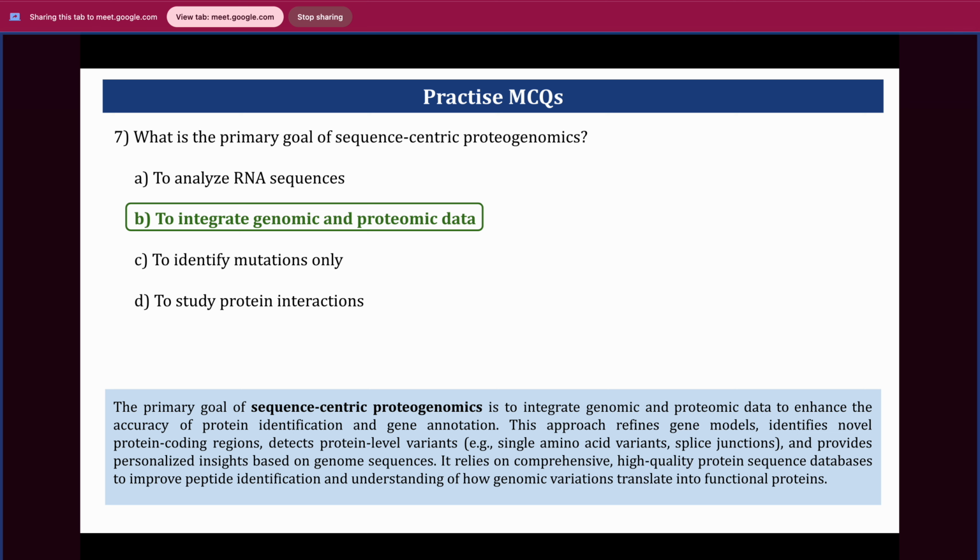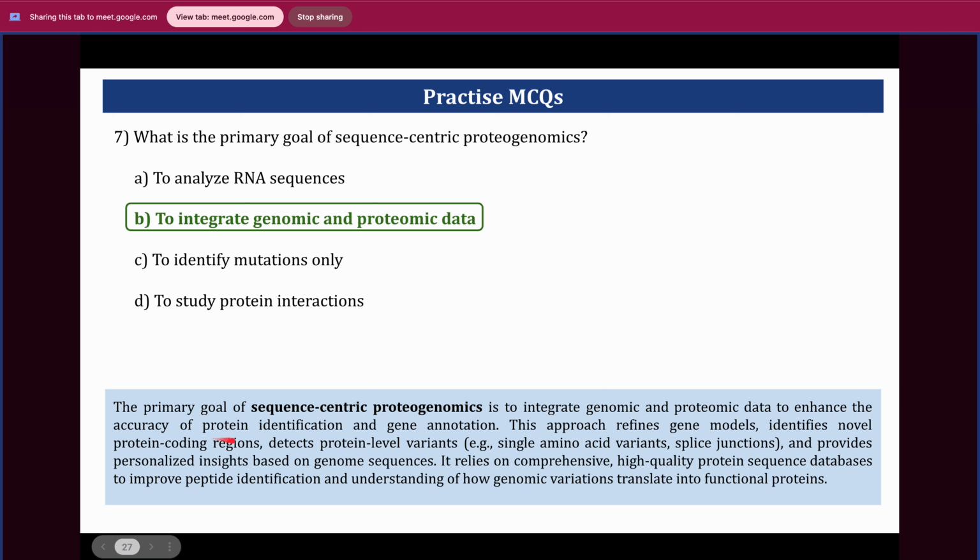In that case, we might identify a new exon or a new intron, which might be a coding or non-coding region. So we can modify or refine the gene models. We can add new units to the gene models which are already available.